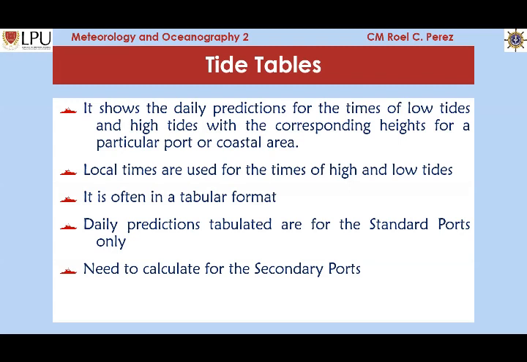But of course, probably Batangas is a secondary port. I'm not sure. Okay, so local times are used for the times of high and low tides. Local times means the standard time or the zone time in that area.